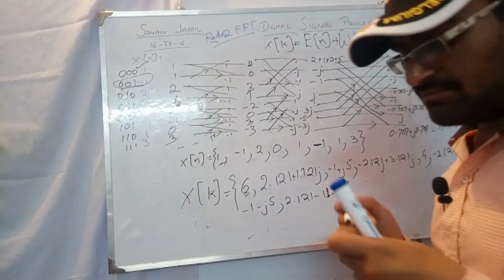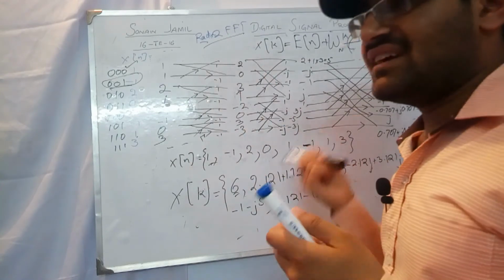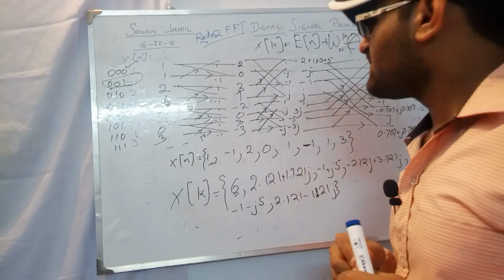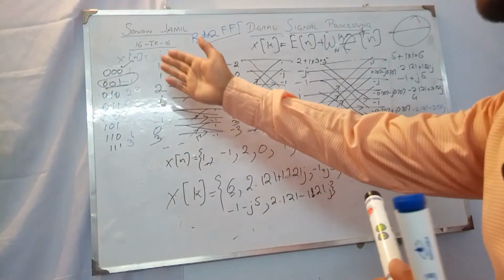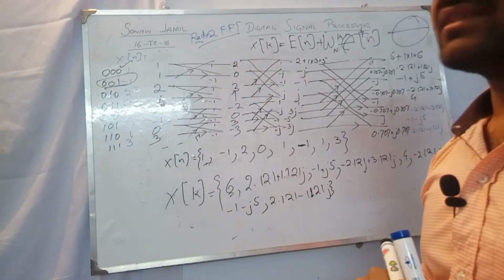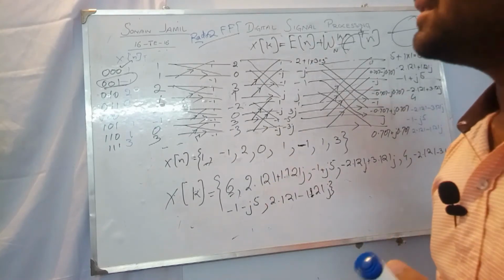These were basically W of nks. So we can easily calculate Radix-2 FFT.